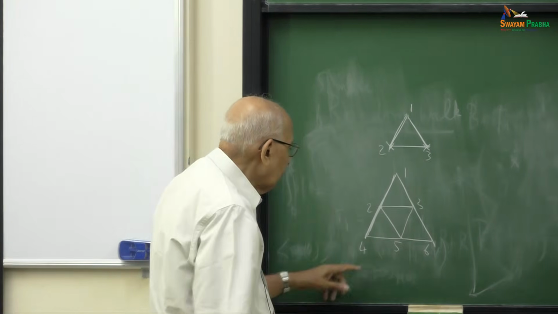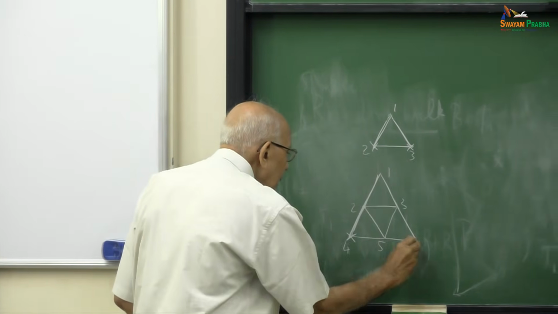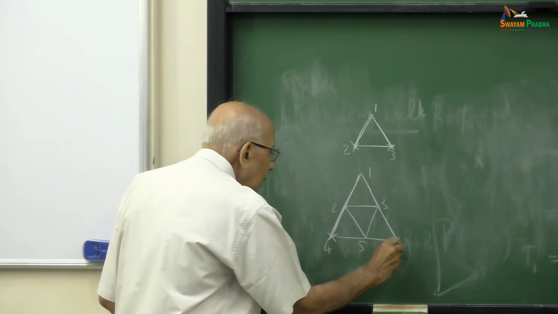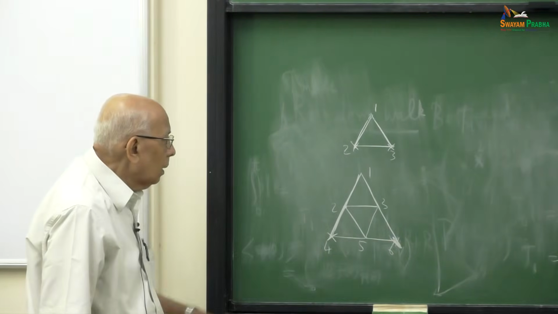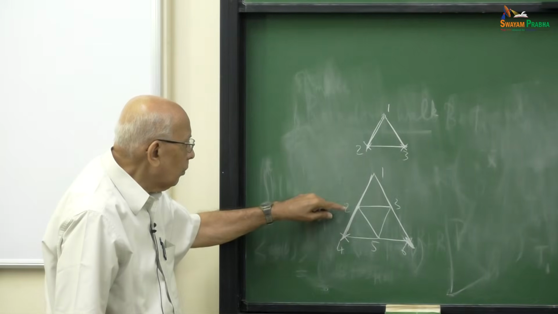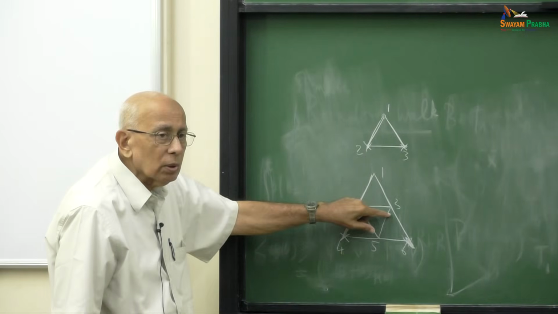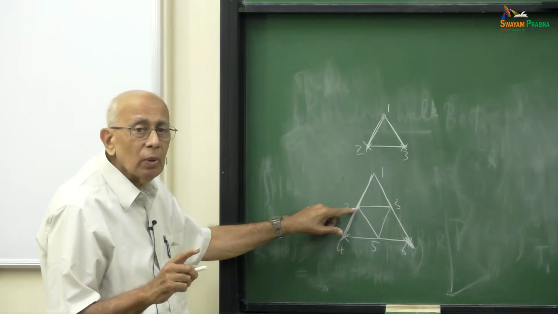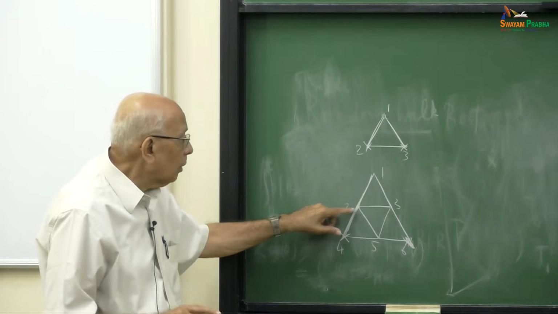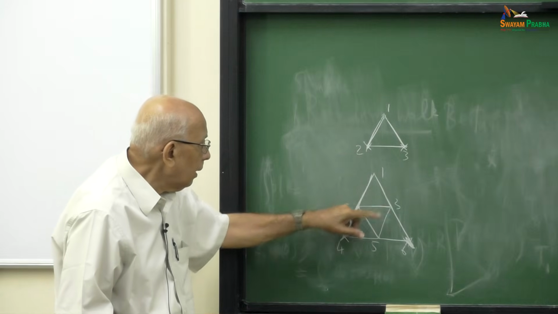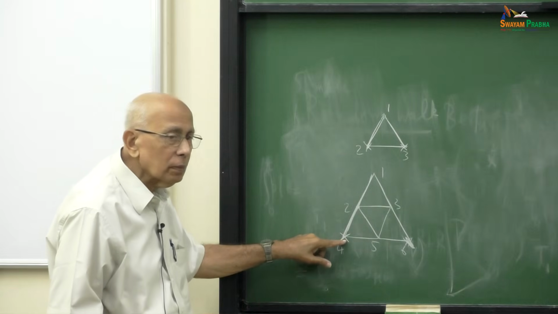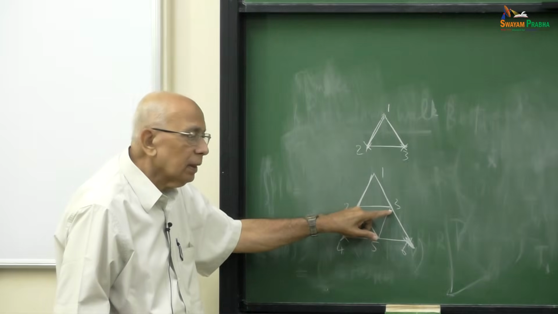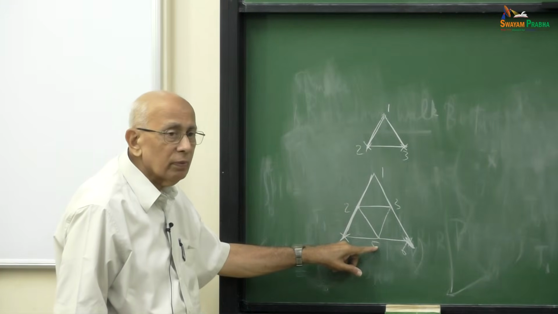And there are traps at 4 and 6. From 1 with probability half, I move at the end of each time step to either 2 or 3. From site 2, I move with equal probabilities to every nearest neighbor site, with 1/4 probability to 1, 3, 5 and 4. Ditto for 3 and ditto for 5.